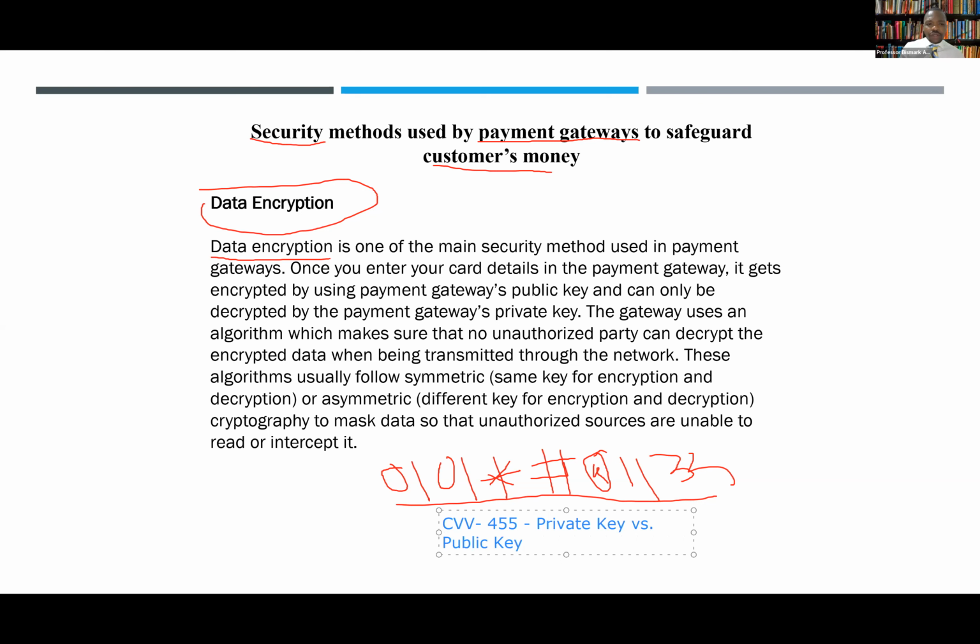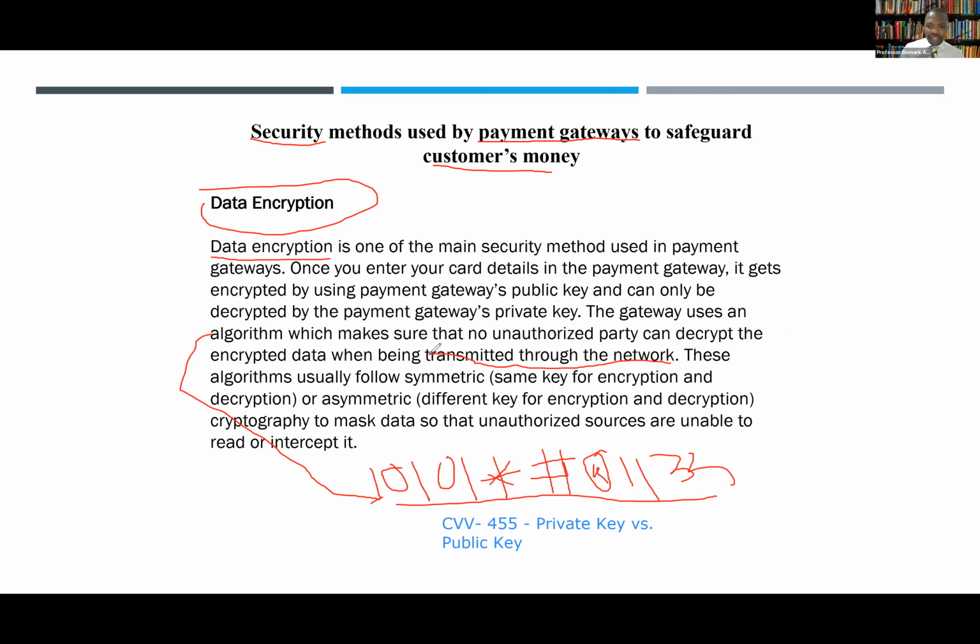So the gateway uses an algorithm. This is an example that I provided. It could be very simple or very complex, which makes sure that no unauthorized party can decrypt and encrypt the data being transmitted through the network.